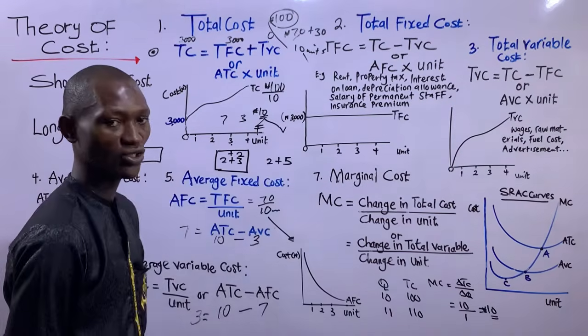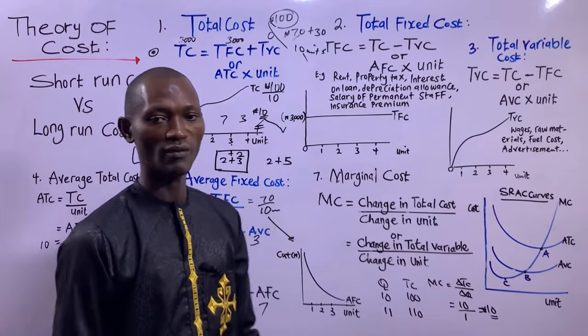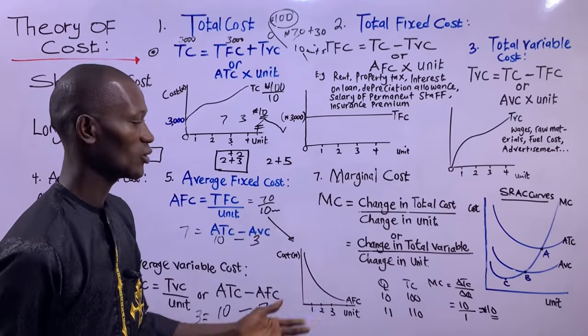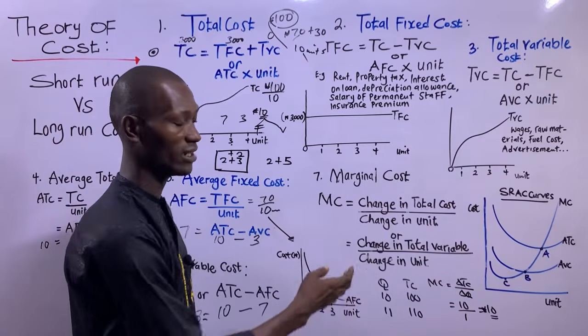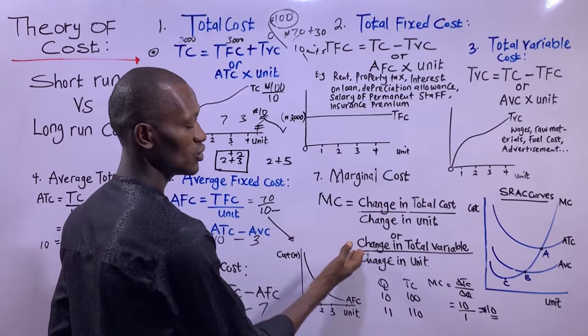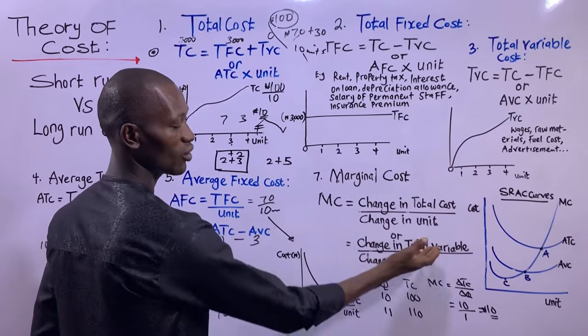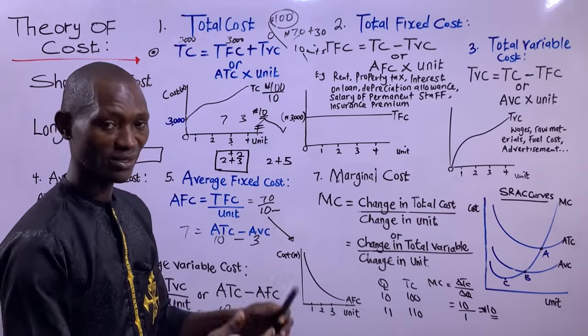So this is the marginal cost of producing the 11th unit of output. That's how you get a marginal cost. So whether you use change in total cost divided by change in units of output, or change in total variable cost divided by change in units of output, you are going to get the same thing.